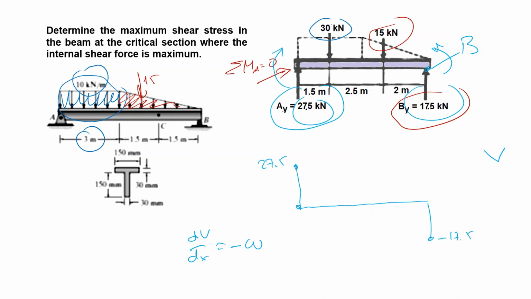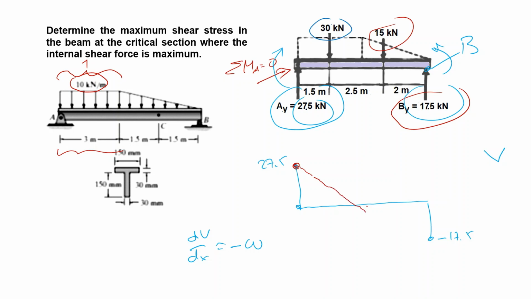And as you see, the distributed force in the first part, this part, is 10. So when I start from this point, my slope is minus 10. I go down, how long? 3 meters. 3 meters is the middle, so I go down.